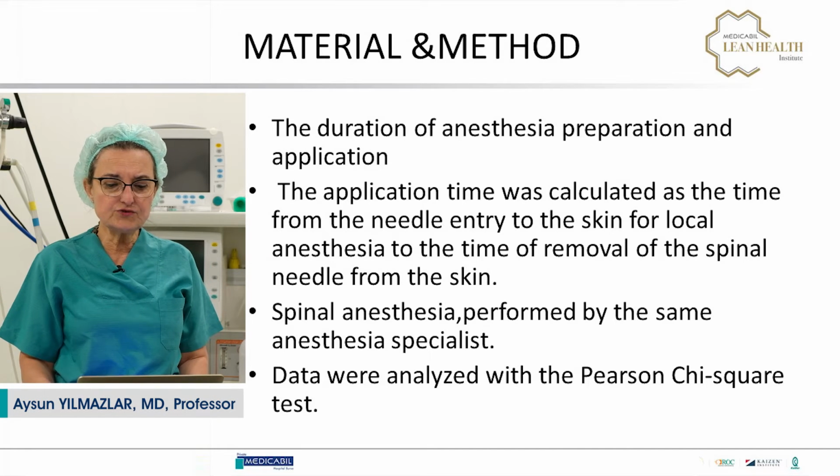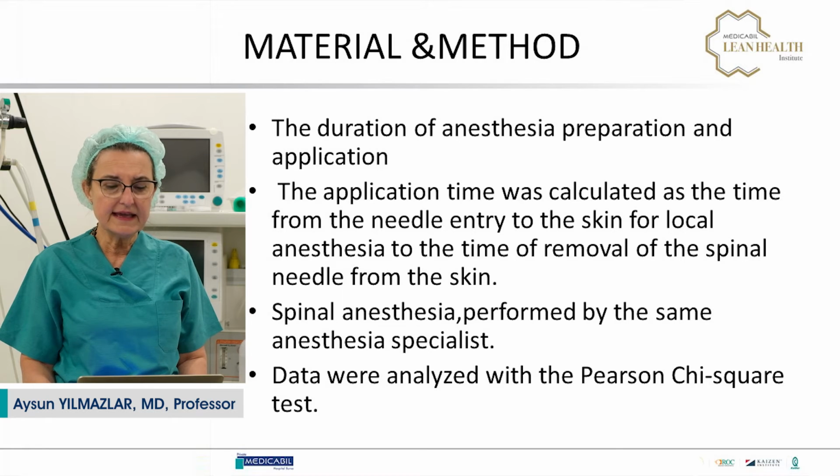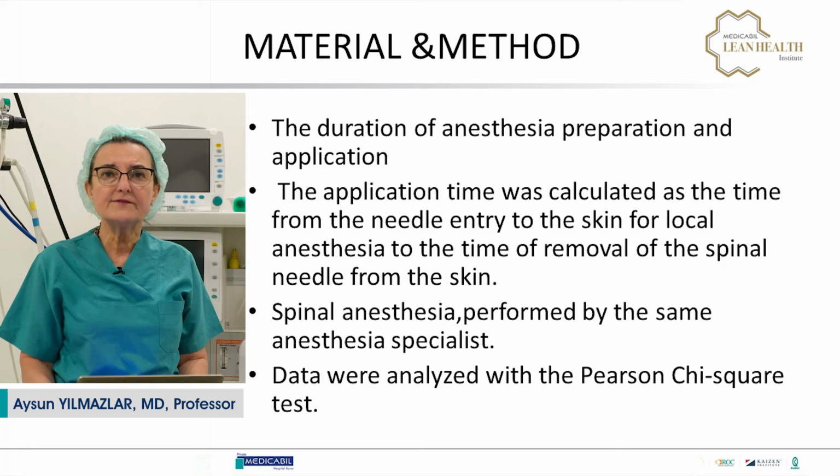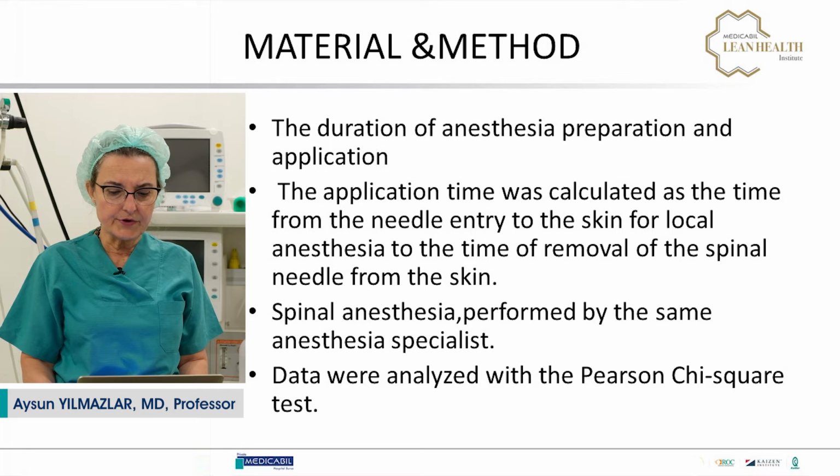We recorded the duration of anesthesia preparation and application. The application time was calculated as the time from the needle entry to the skin for local anesthesia to the time of removal of the spinal needle from the skin. Spinal anesthesia was performed by the same anesthesiologist, and data were analyzed with the Pearson chi-square test.